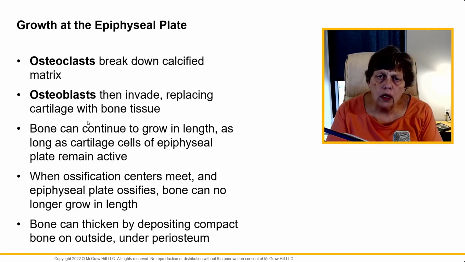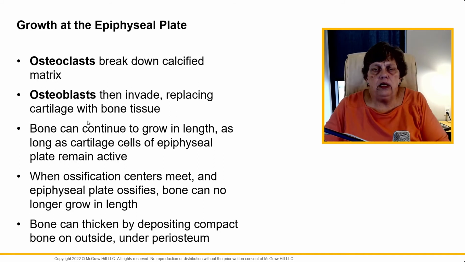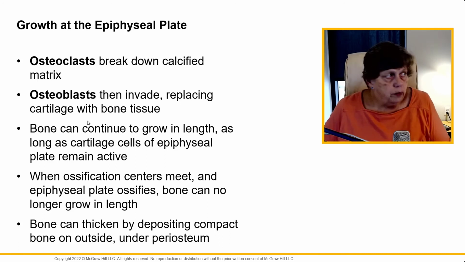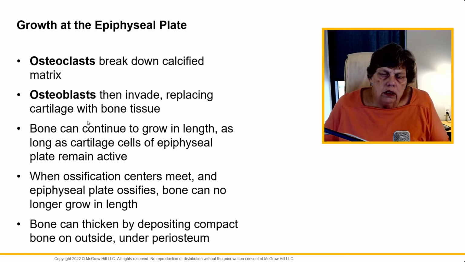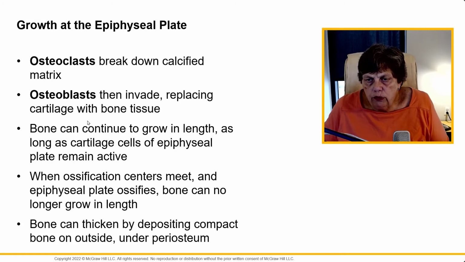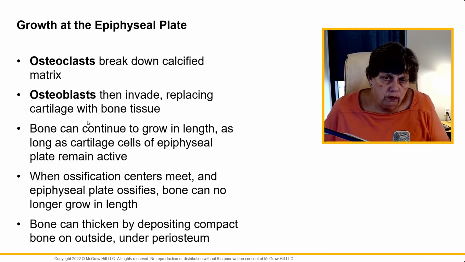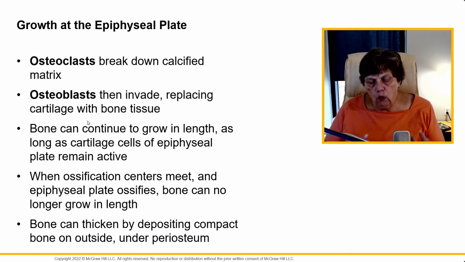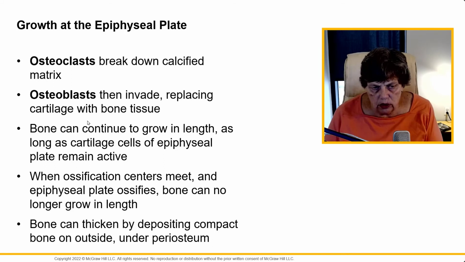Okay, so you get growth at the epiphyseal plate. And here's where you get osteoclasts and osteoblasts. So we have to explain this. There are different kinds of cells, and osteo means bone. Blast, we already said, were the young bones. Osteoclasts are cells that break down the matrix. So we talked about how we use the bone marrow and the two hormones to regulate calcium levels.